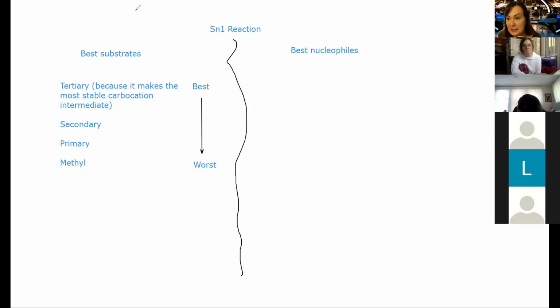The leaving group reactivity is identical for SN1 and SN2, Nicole. So whatever you had for SN2, as far as leaving groups go, it still applies here, okay? The leaving group reactivity is the only thing that's not going to be different between these two reactions. A good leaving group is a good leaving group. A bad leaving group is a bad leaving group. That's not going to change, okay?